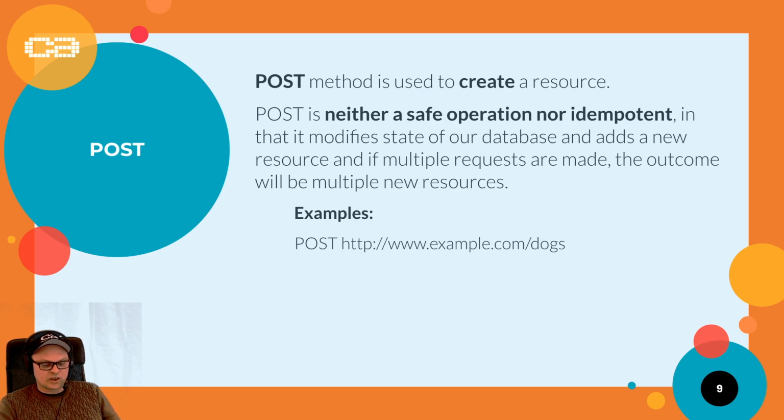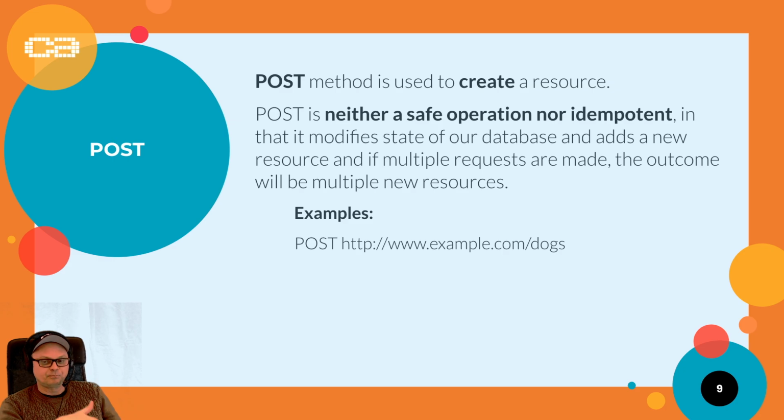Let's say that you send off a POST request saying, let's create a user named Kim. Okay, first time you send it off, a new user named Kim will be created and will be assigned an internal ID or whatever unique identifier the database requires of it. The second time you send the same request, another user with the same name of Kim will be created, but it will have another ID.